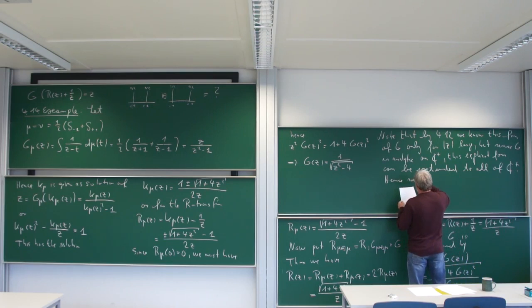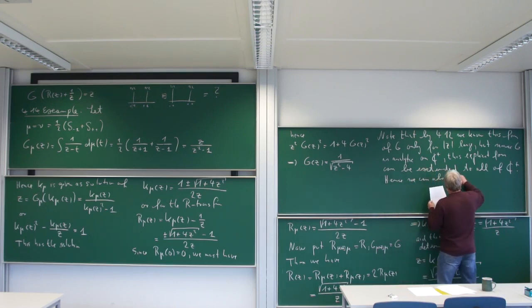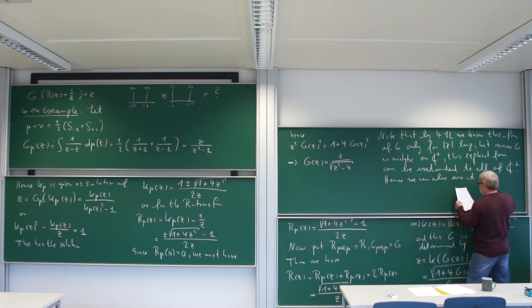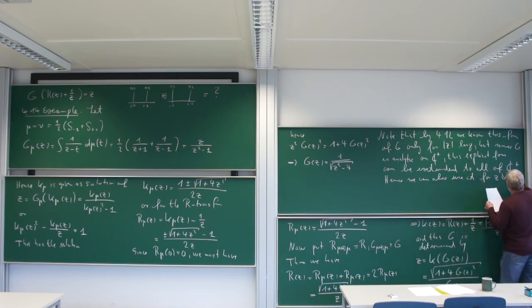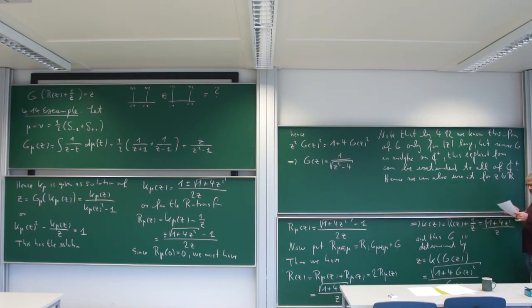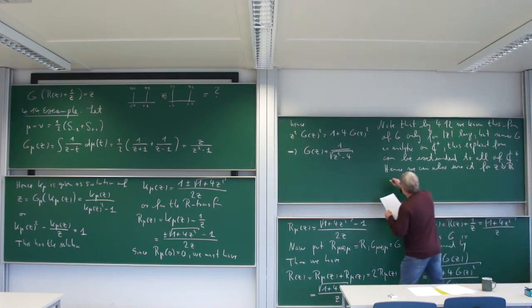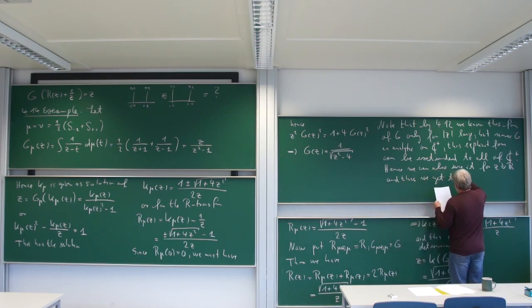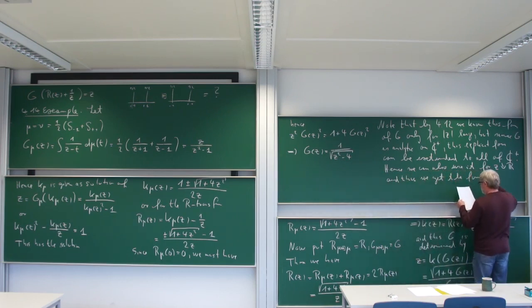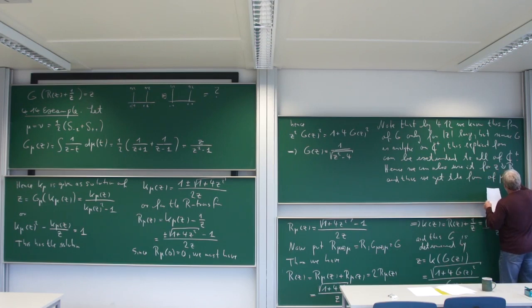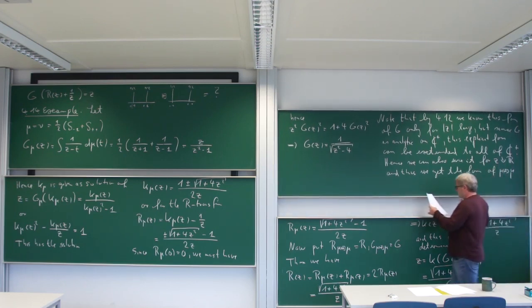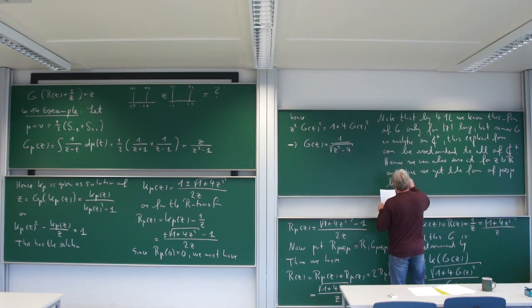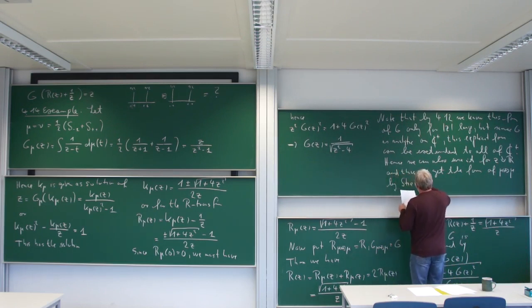So hence, we can also use it if we go with our set to the real axis, as is required by the Stieltjes inversion formula, to get the form of the free convolution of μ plus μ.